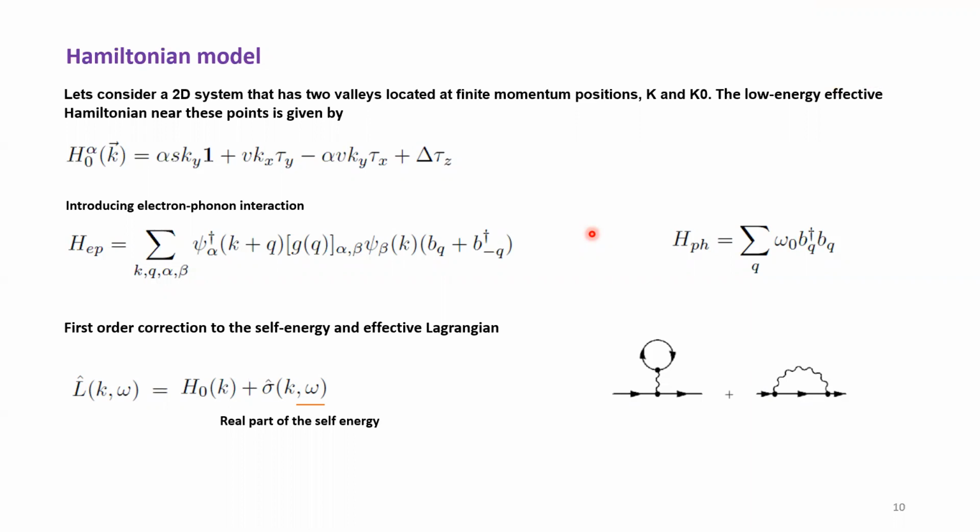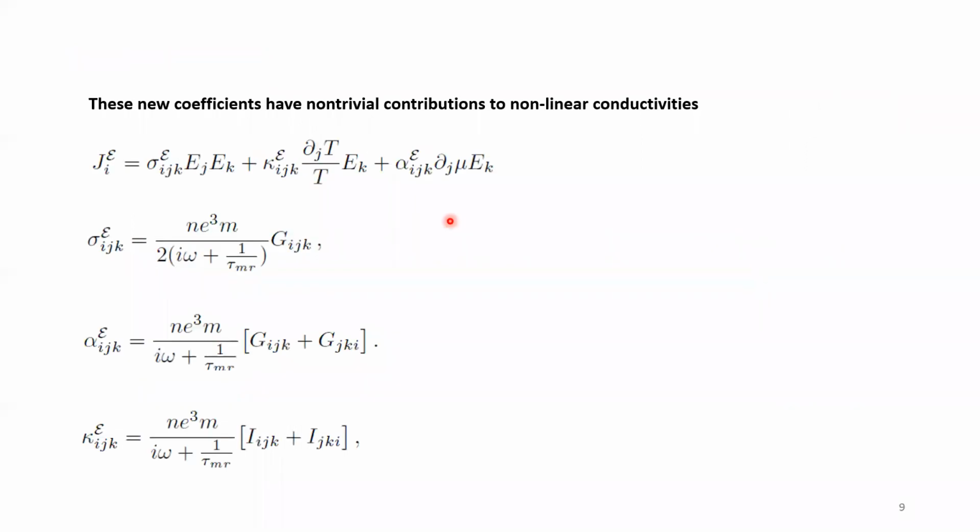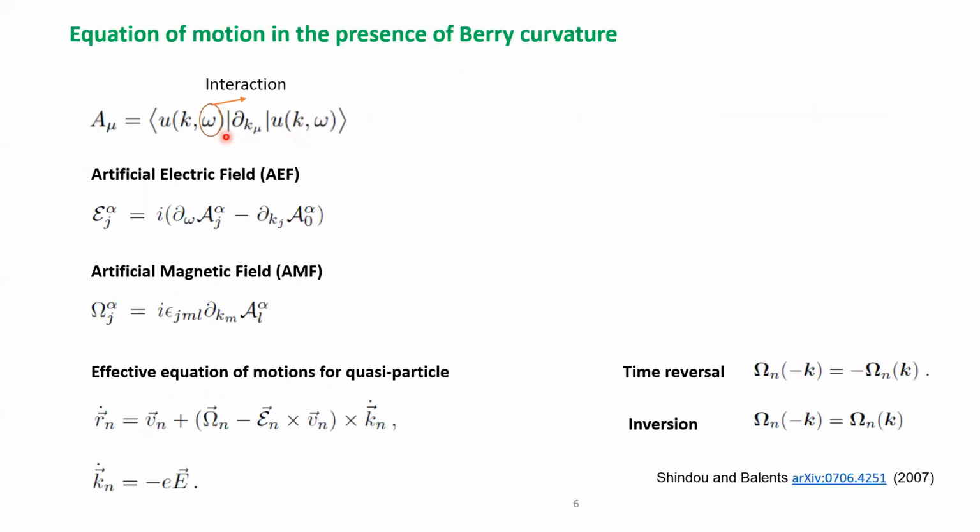I really didn't understand. I think in the usual case, we have the dependence of the Ket and Bra that you use in the Berry connection. There was this dependence on K only. But here, in your case, you say that there is an extra dependence on this omega that came from interaction.